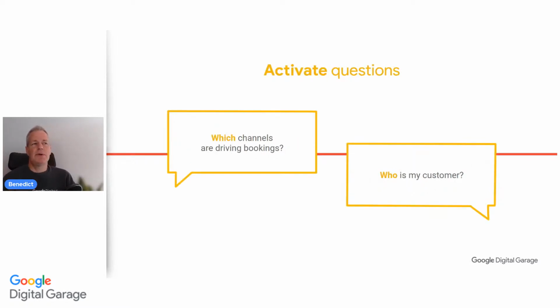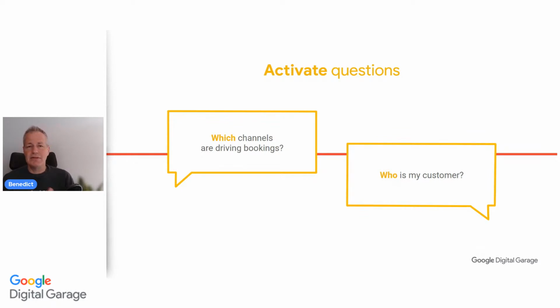Then we've got activate questions. Which channels are driving bookings? In other words, which particular channels are bringing people who are then going ahead and booking or buying or whatever it might be. Now, it doesn't have to be booking or buying. If your company is, say, a non-profit, it could be downloading a PDF or that kind of thing.